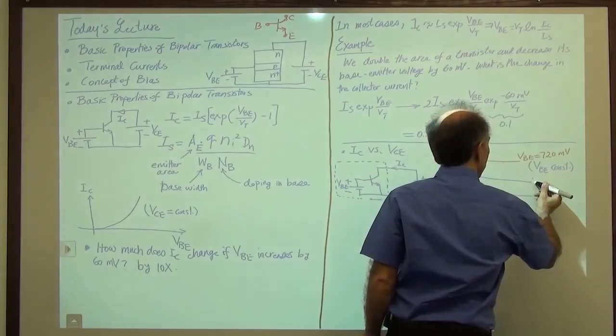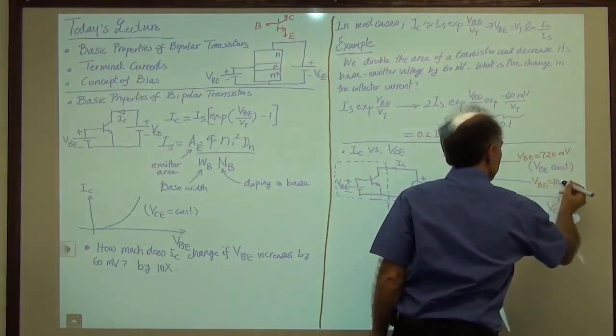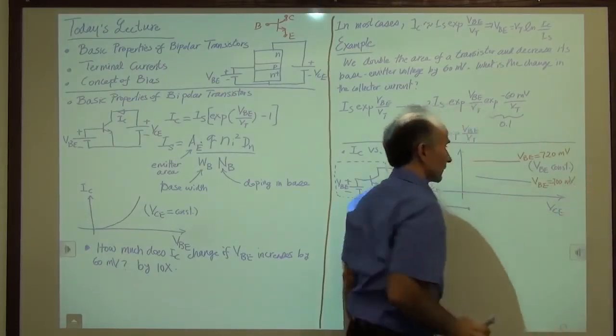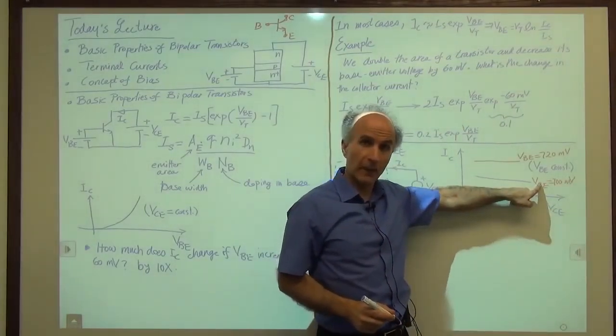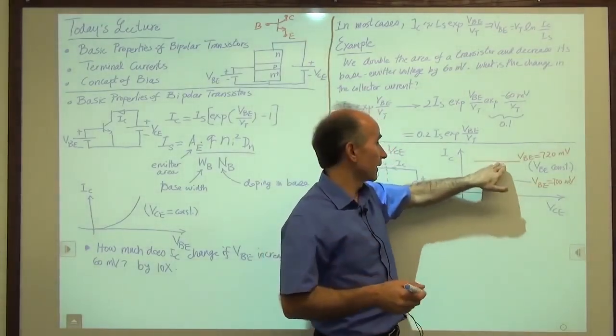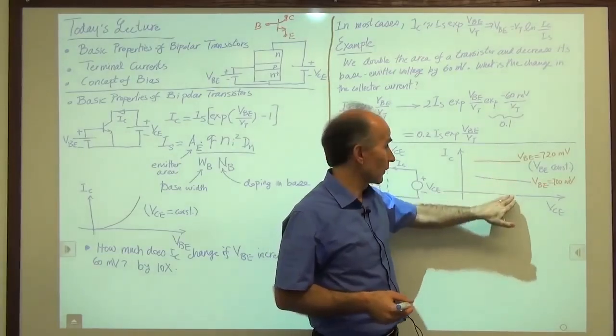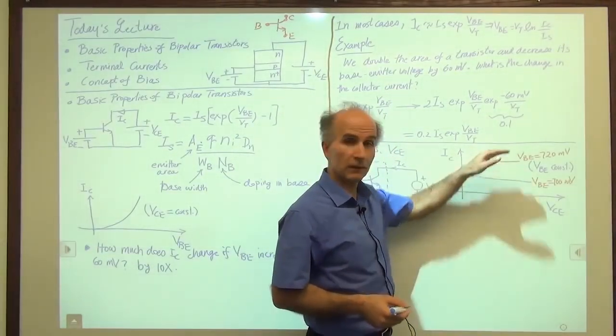And here I can say VBE is equal to 700 millivolts. So for each of these plots, VBE is constant. But once we're done with one plot, we can change the VBE to a new value and then create a new plot. So that tells us that by changing VBE, we can have different current levels.